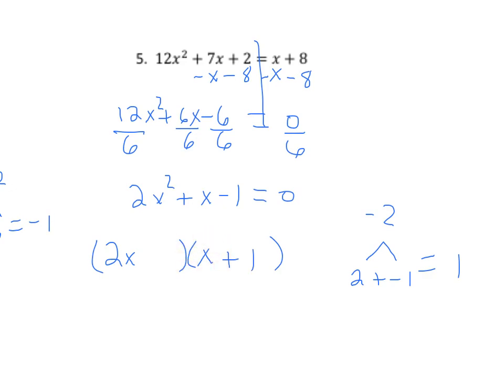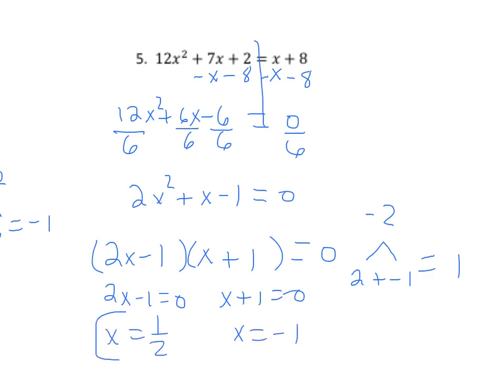What do I have to multiply 1 by to have it equal negative 1? Negative 1. So I get 2x minus 1 equals 0, x plus 1 equals 0, so x equals 1/2, x equals negative 1. So there's solved by factoring.